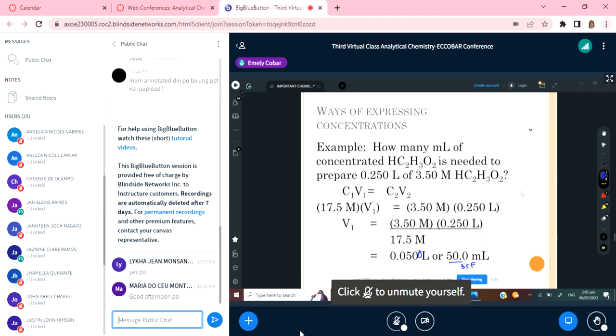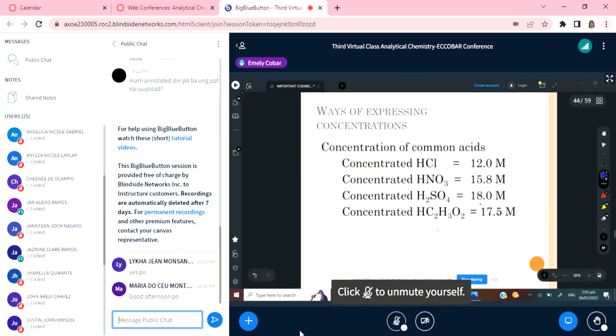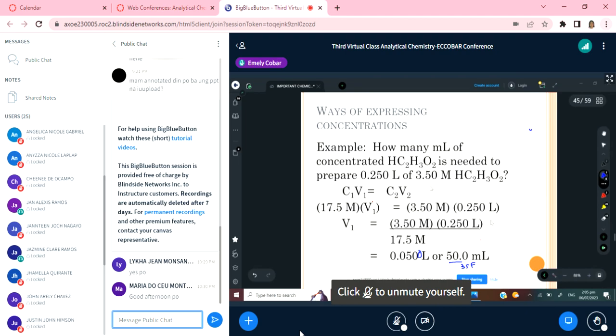So, you will be using concentrated acetic acid. Okay? At ang concentrated acetic acid, ano yung kanyang concentration? 17.5 M. Now, you were asked to prepare a solution of acetic acid with a lower concentration, which is 3.50 M. So therefore, ito ang iyong C2.